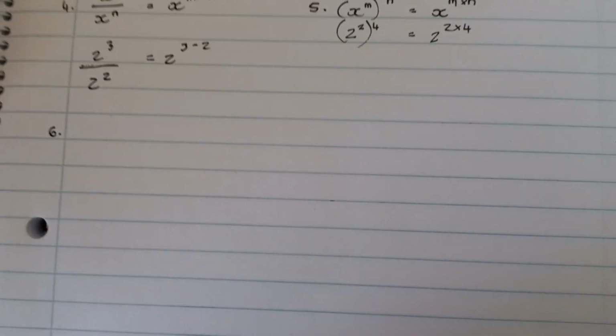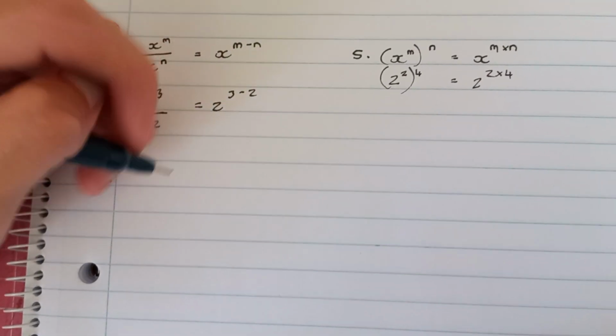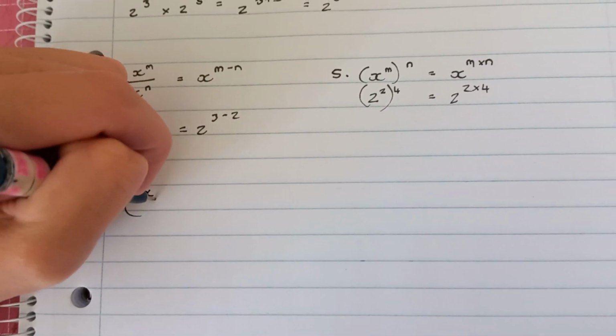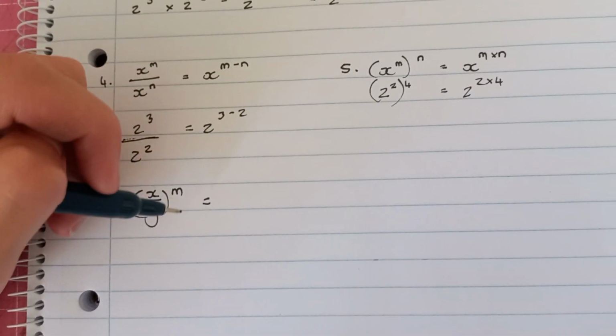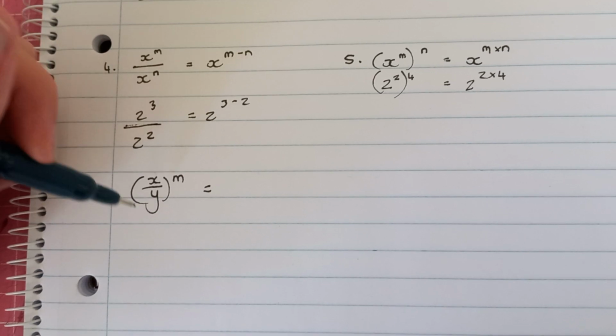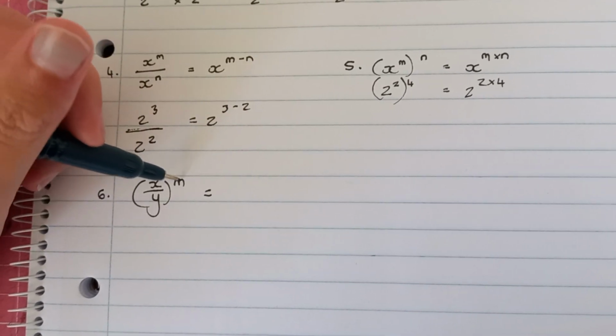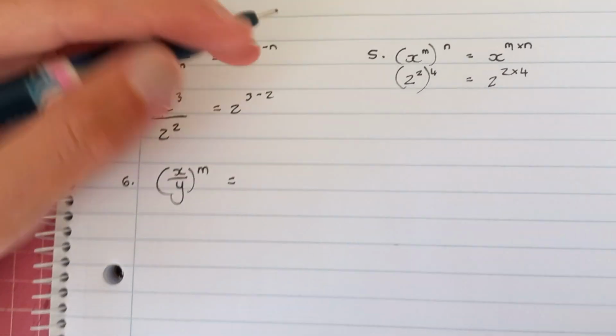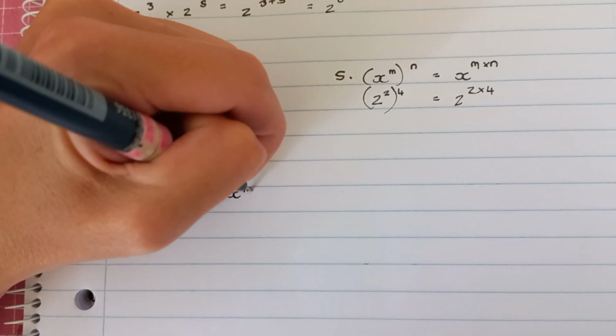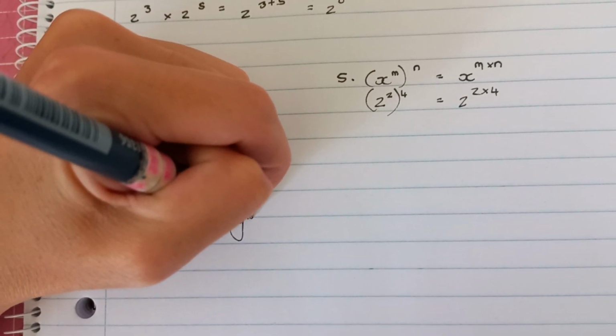Then we have number 6, which is one like this. Okay, so if you get given something like this, where something is in brackets and then there's an m, and it's a fraction, you multiply the m by both the exponents of the fractions. Okay, so that would become x to the m over y to the m.